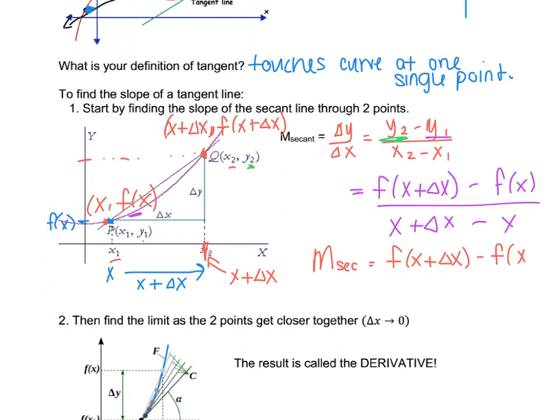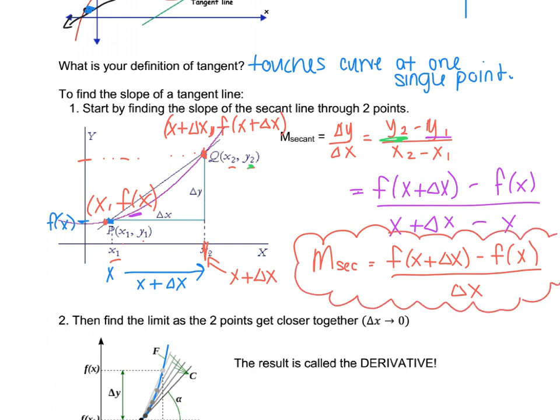So I've just done y2 minus y1 divided by x2 minus x1, which actually simplified to just delta x. Okay, this is the slope of a secant line of any curve that crosses any curve at 2 points. That's an important concept to understand.